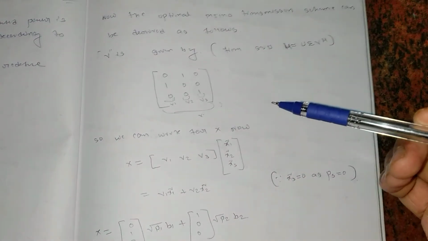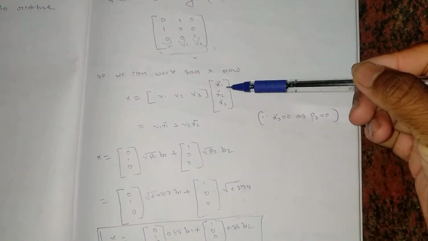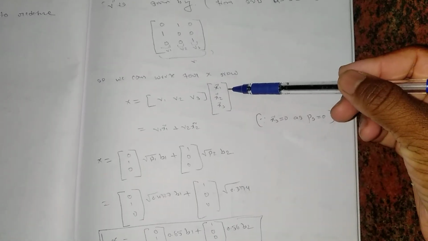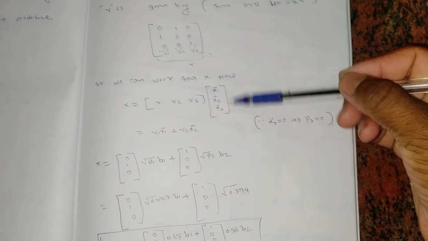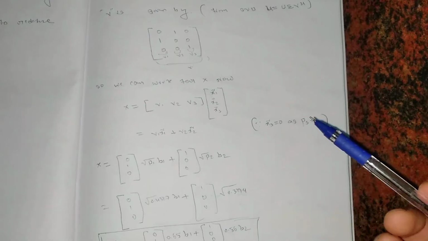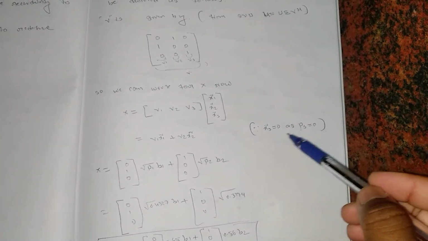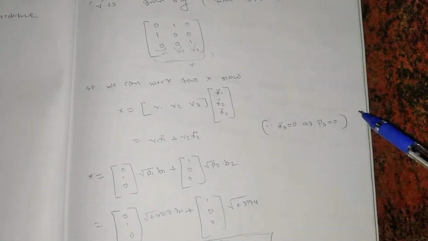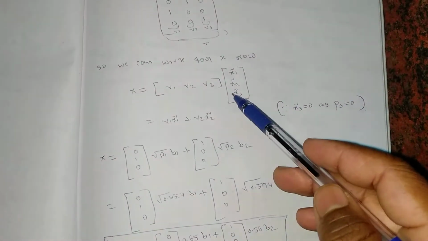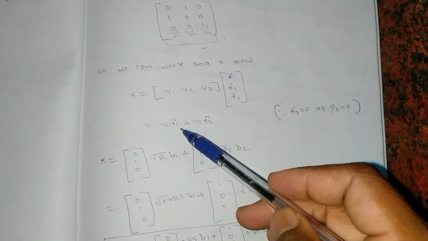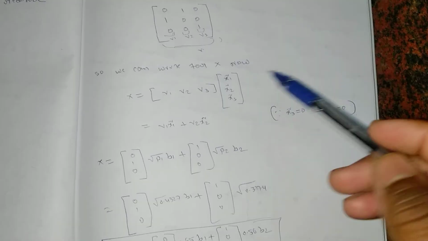Then we will write x as x equal to v1 v2 v3 times x1 tilde, x2 tilde and x3 tilde. So this is the formula which I'm using. You can see x3 tilde will be equal to 0 as the power allocated for that one is 0. So I have discarded this one, so I will be left with v1 into x1 tilde plus v2 into x2 tilde.